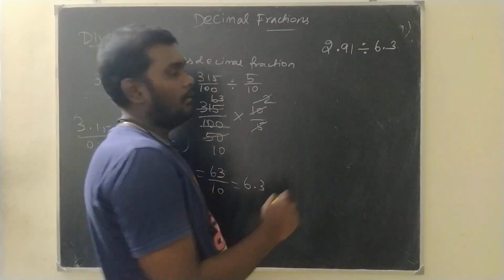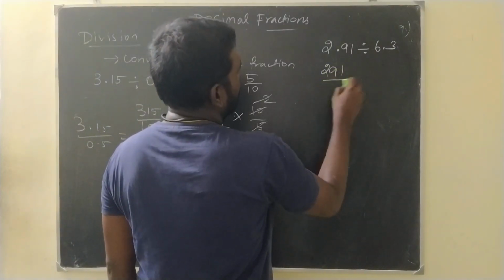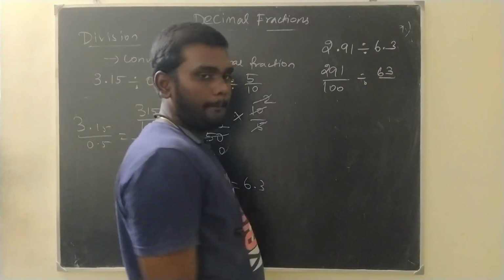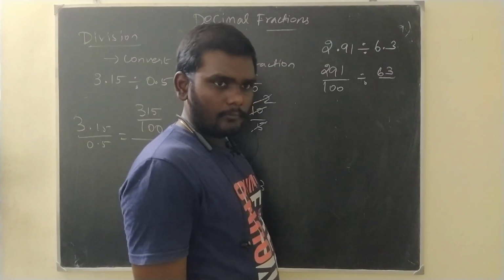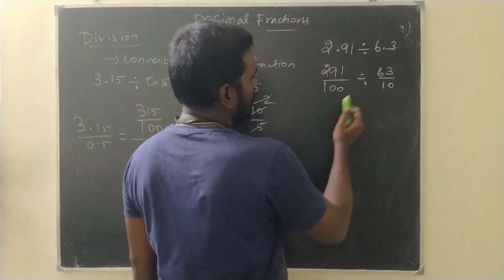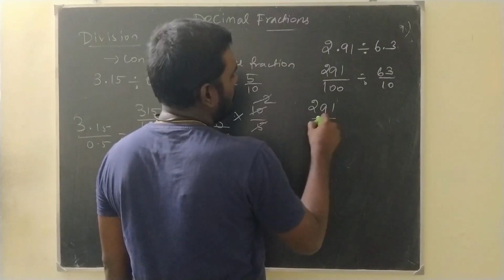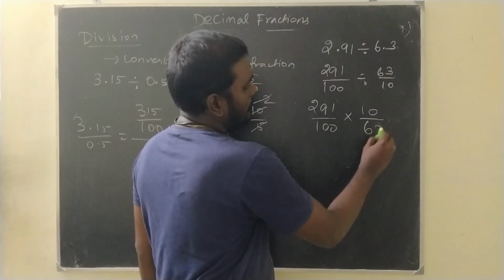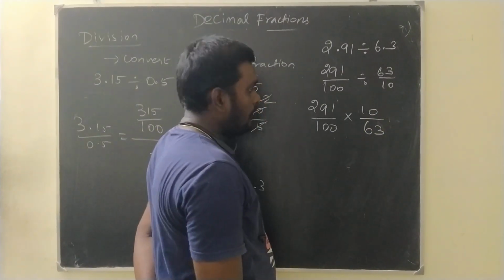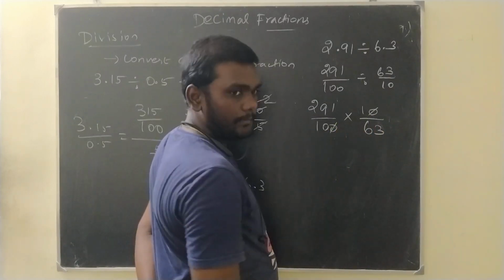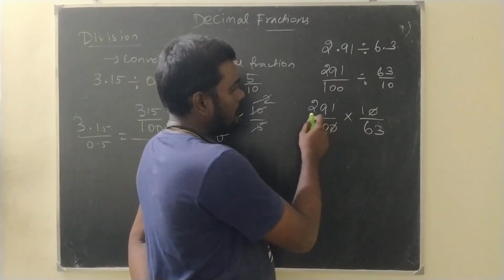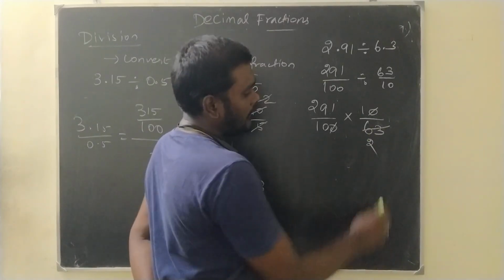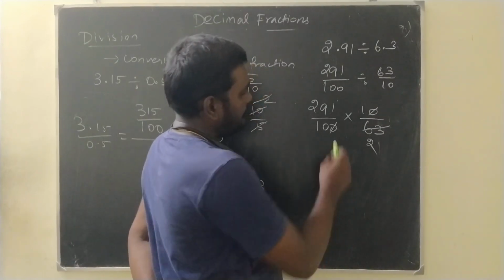Simply, 291 by 100 divided by 63 by 10, and then this division is converted as multiplication, and this is 10 by 63. Now these two zeros we can cut, and 291 and 63 by the 3 table we can easily simplify. 2 3s are 6, 1 3s are 3.